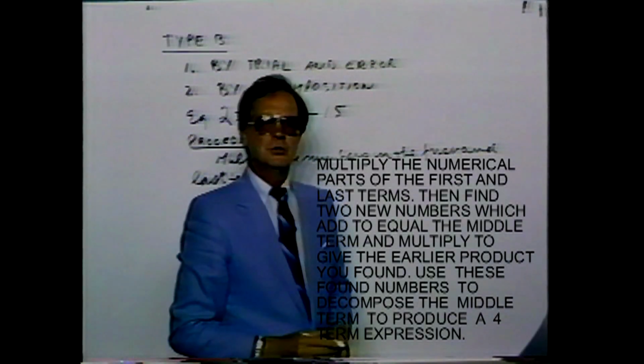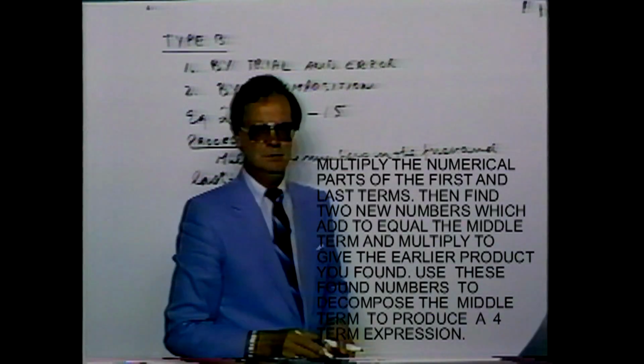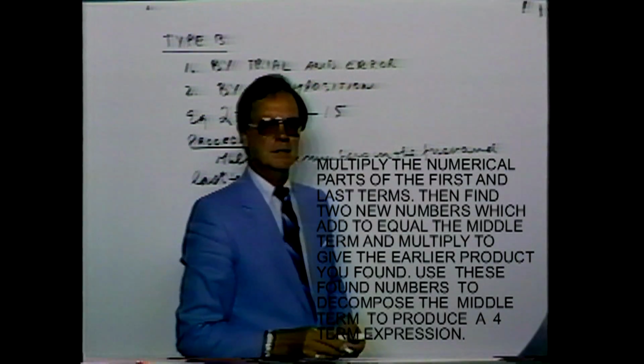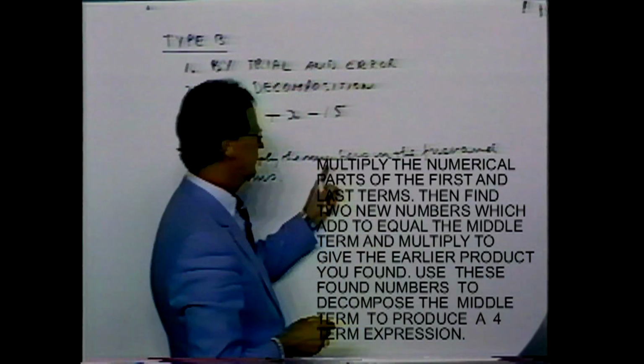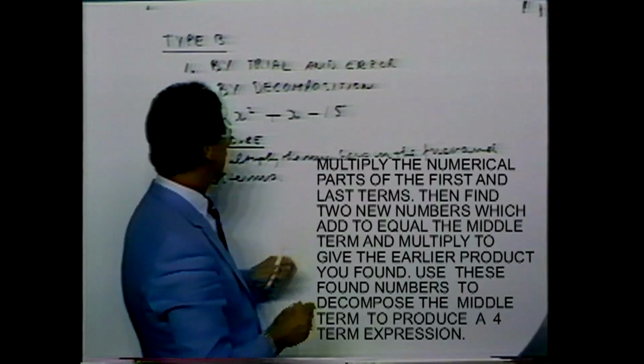Now find two numbers whose sum is equal to the middle term number, and the product is equal to this product that we found in the first step.